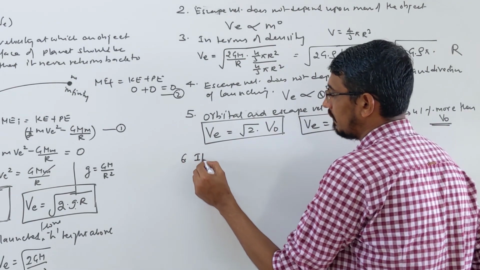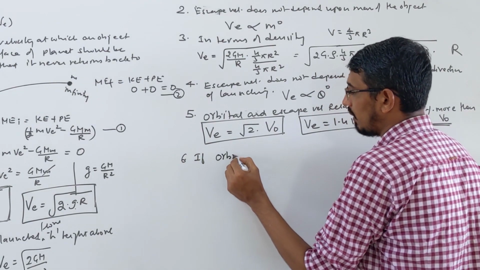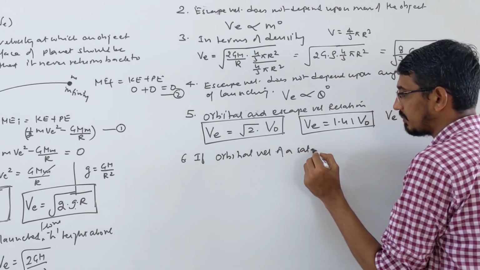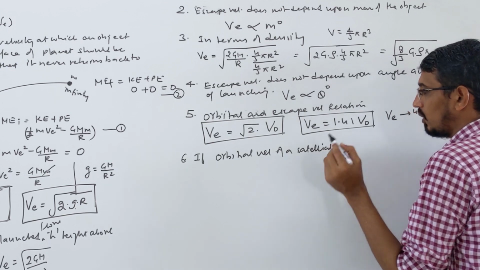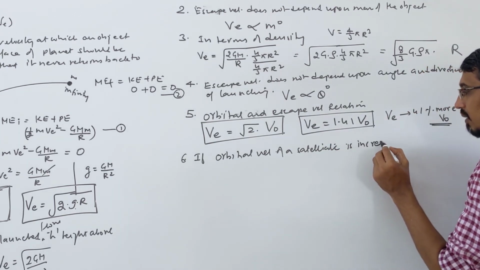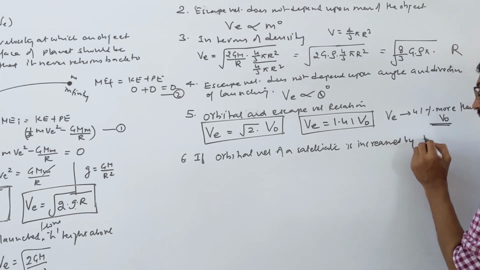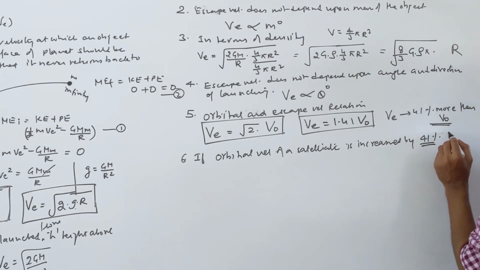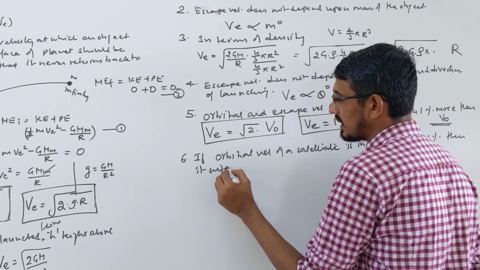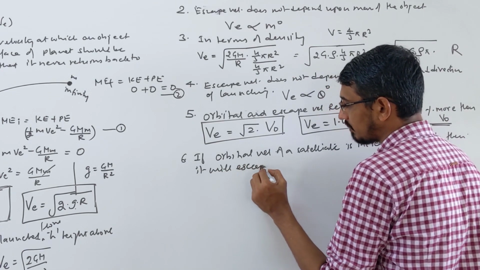Let me write these things. If the orbital velocity of a satellite is increased by 41%, then it will escape from that orbit.